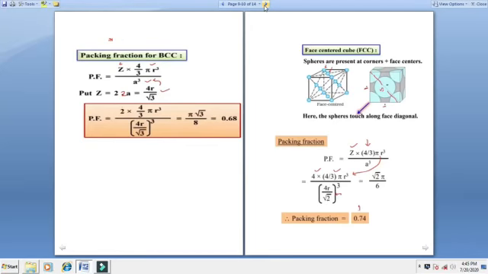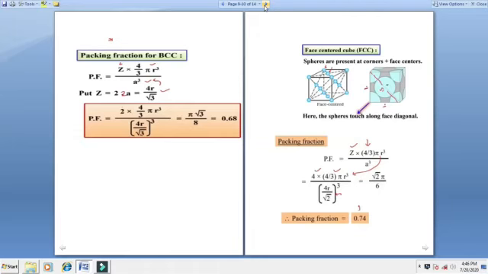If you look at the packing fraction of BCC, in the formula you can put in place of Z the value 2, and in place of a you can substitute the value 4r upon root 3. So the packing fraction comes to 0.68. So 68% of the total volume is occupied by spheres, and the 32% left is void.